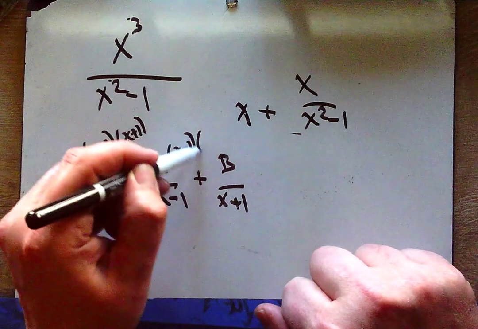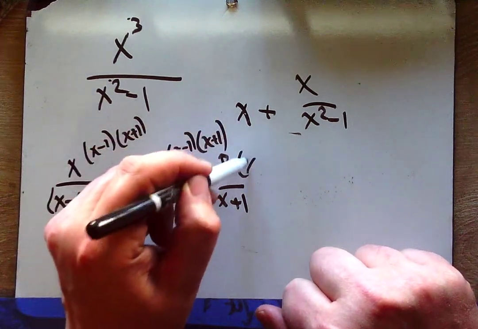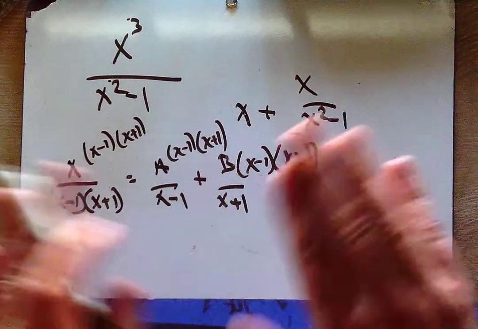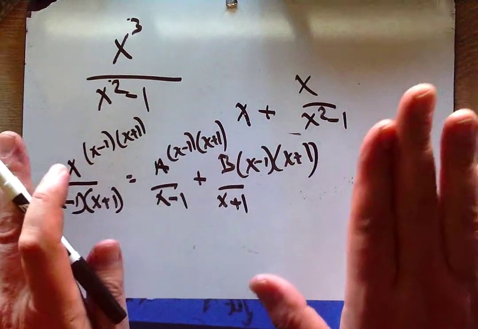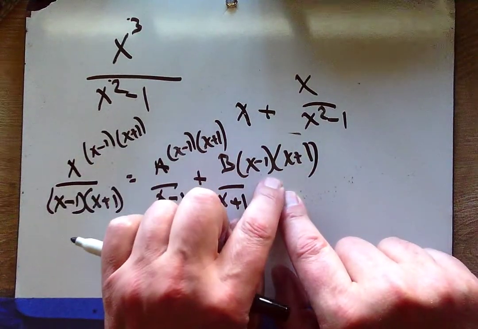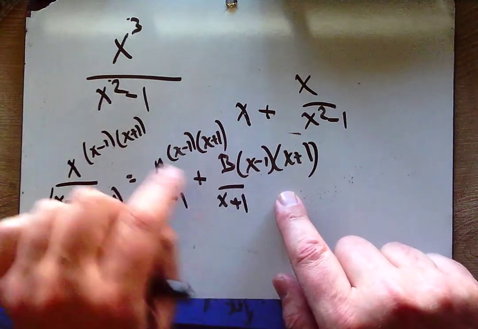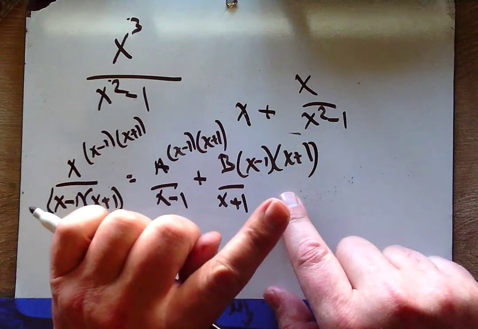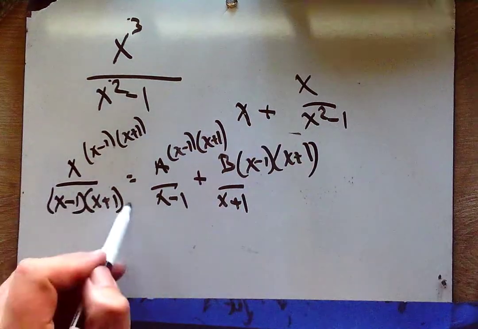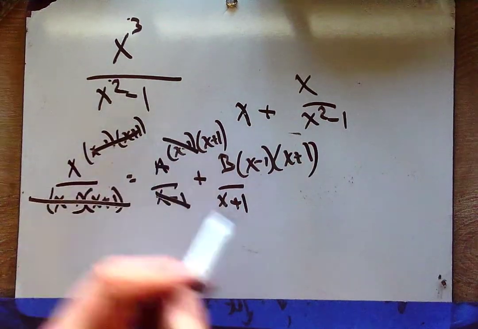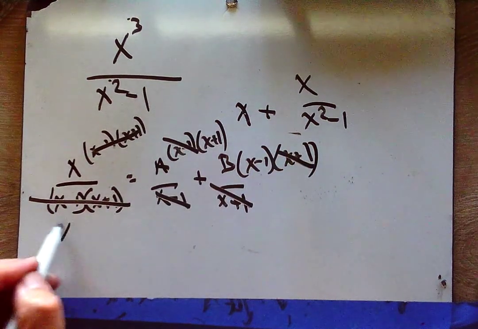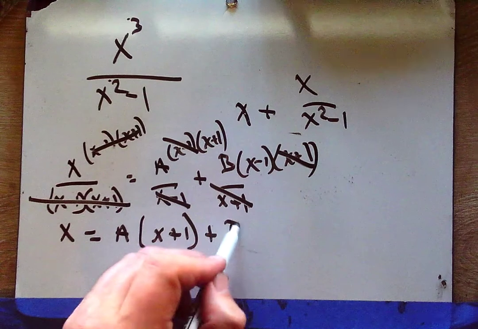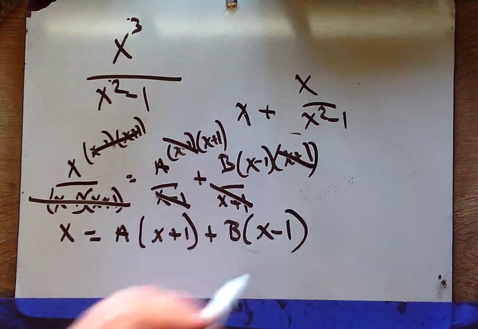It's not for you, it's for me. But really, if I was making those mistakes, you will probably make them too. So you might want to do this and cancel out those, and get x equals a times x plus 1, plus b times x minus 1.